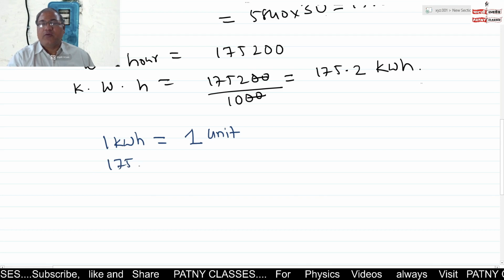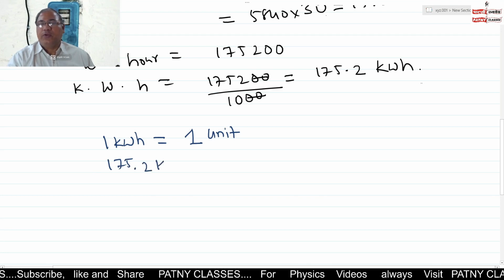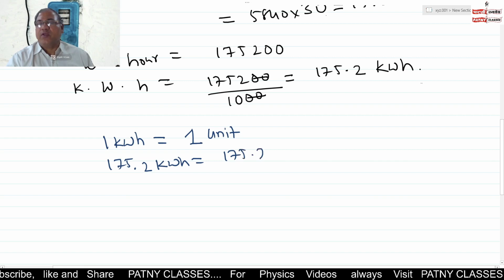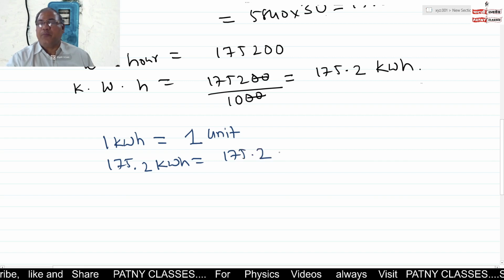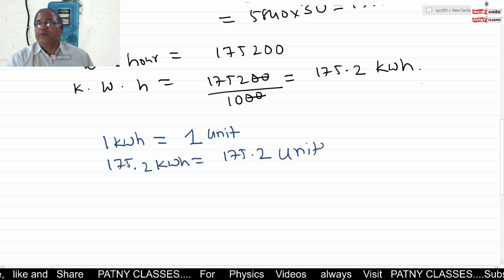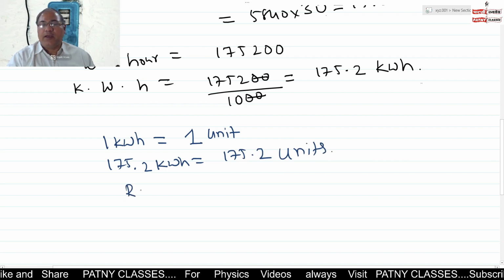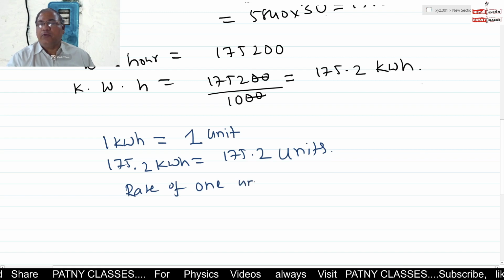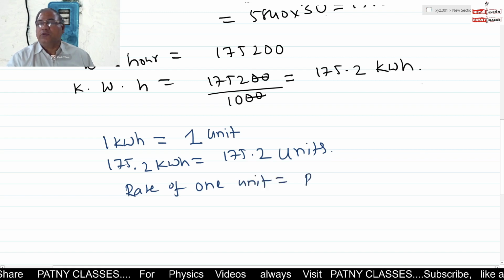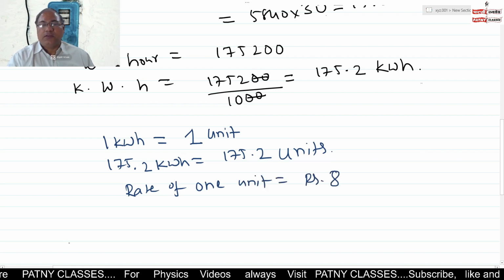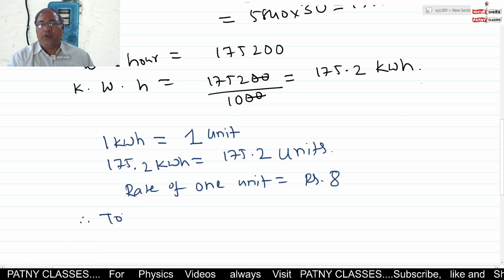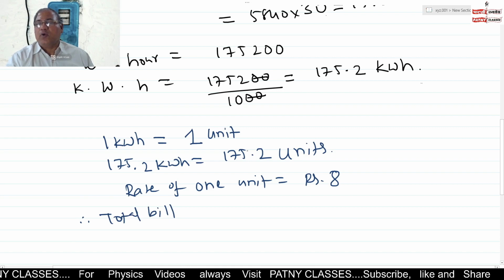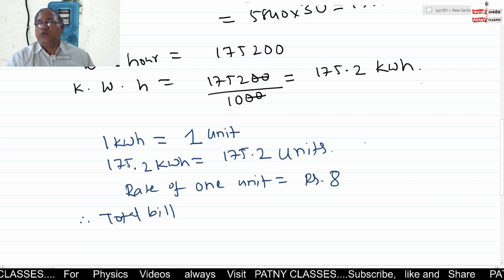Therefore 175.2 kilowatt hour equals 175.2 units, and it is given that the rate of 1 unit equals rupees 8. Therefore the total bill has to be calculated for 175.2 units.